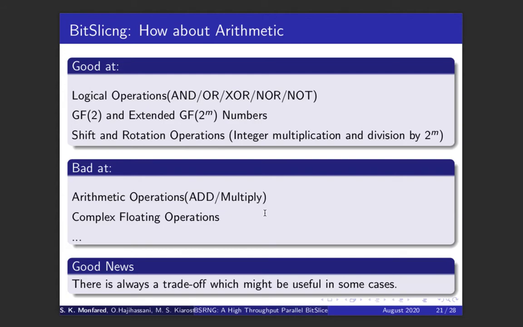But when it comes to arithmetic operations like add or multiply, or complex operations, there are challenges and there are drawbacks. But the good news is, for each application, for each algorithm, there's always a trade-off which could be used in some of the algorithms and some of the cases.